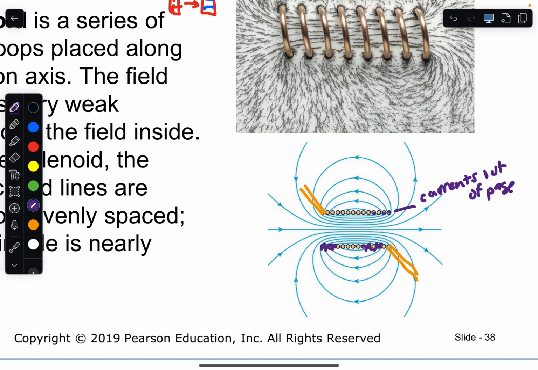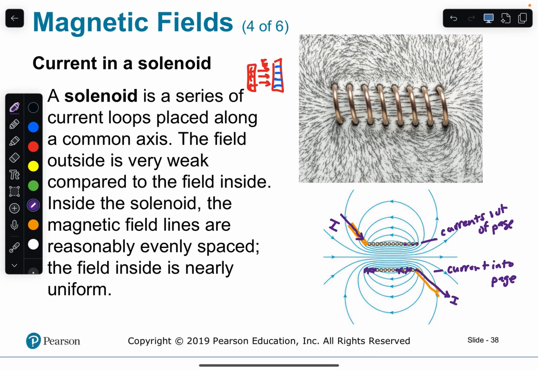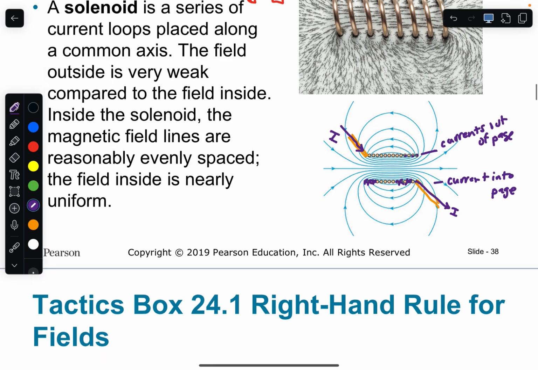Little X's. So the current then would be flowing out through here and coming in through here. Okay, we'll do a lot more of these. This is just our initial practice as we go through this slide.